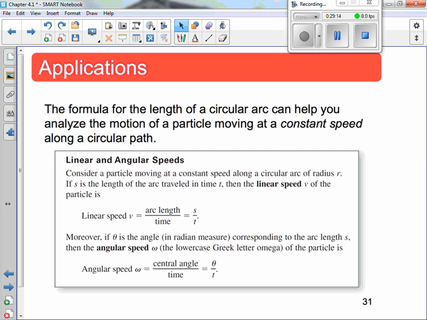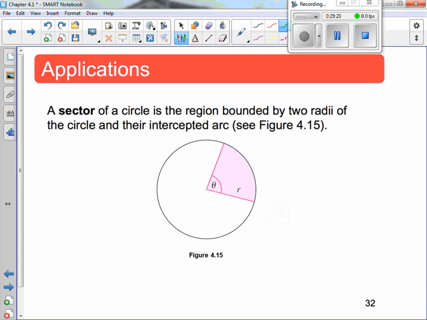Now we're not going to talk about linear speed or angular speed. Linear speed is just talking about, as the circle progresses, what is the speed of this here? As it's going out, what is its linear speed? Angular speed is the speed as it rotates.